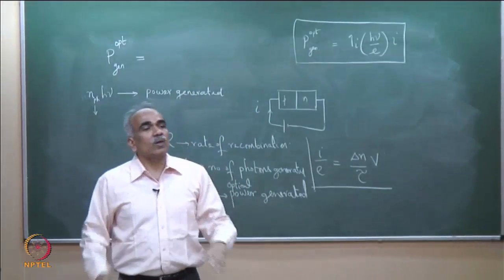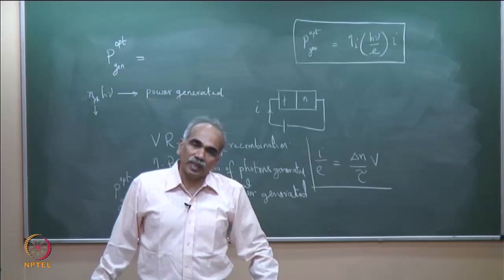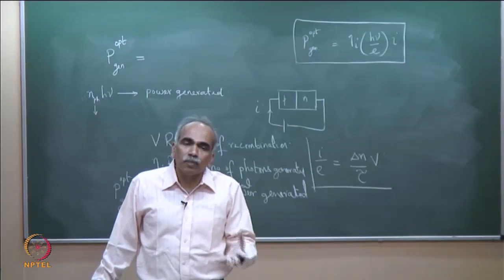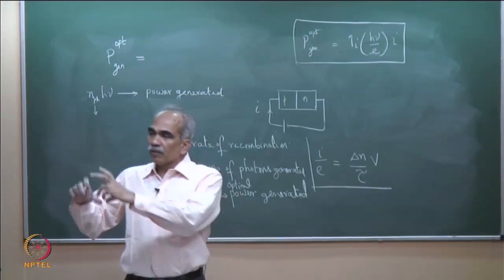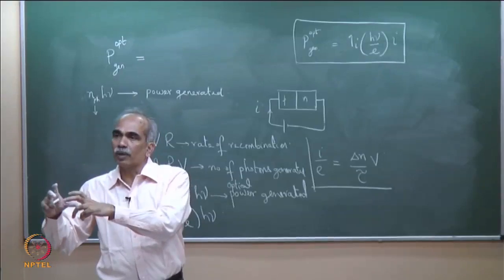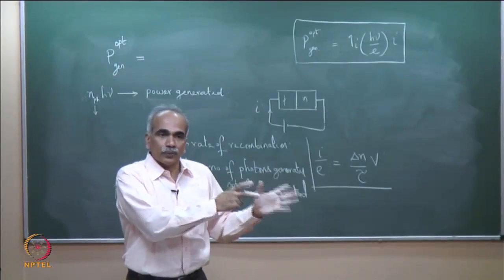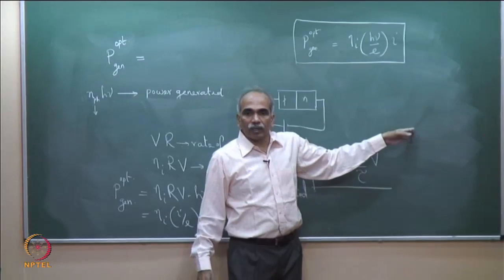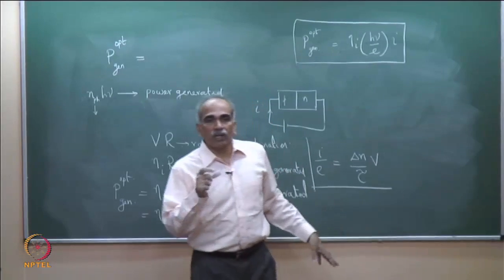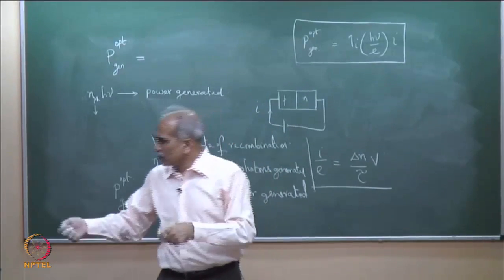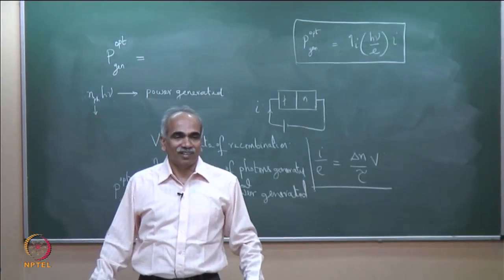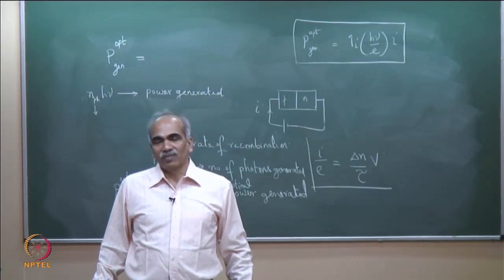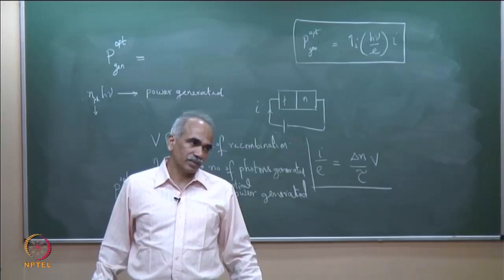There is a parameter called extraction efficiency, and finally, there is a parameter called wall plug efficiency, which means if you are supplying so much electrical power, what is the optical power that you are getting. So, P optical divided by P electrical is called the wall plug efficiency. Wall plug, because you take the electrical power from the wall plug. We will discuss this in the next class.